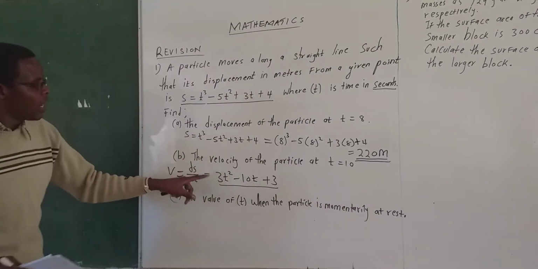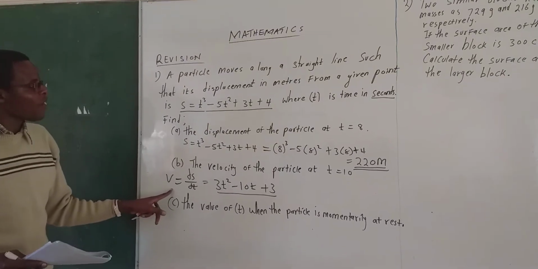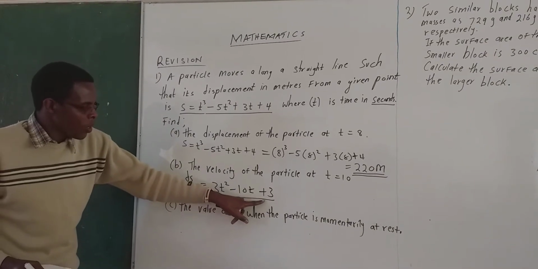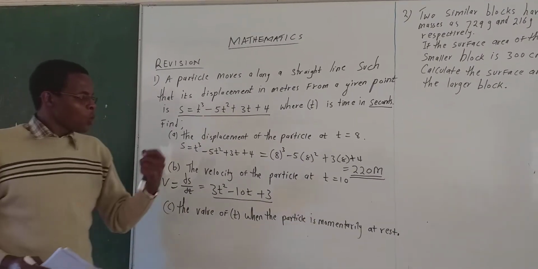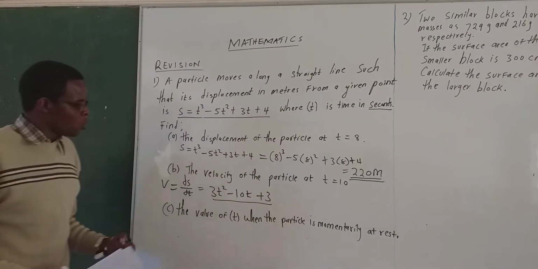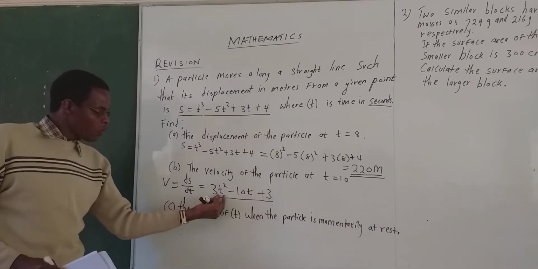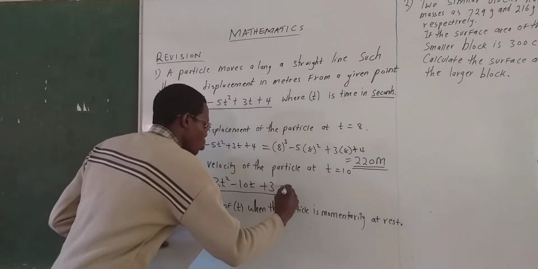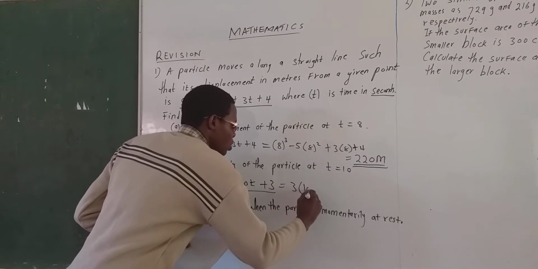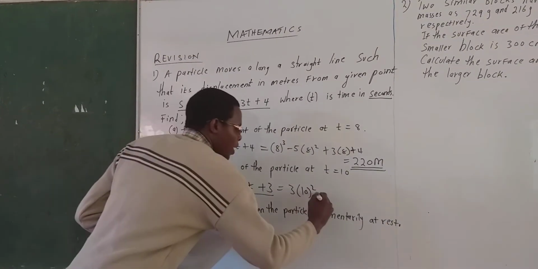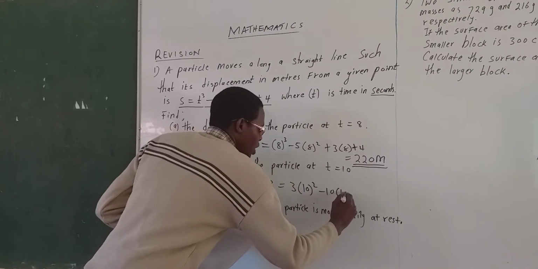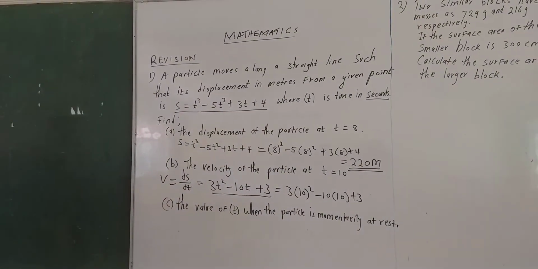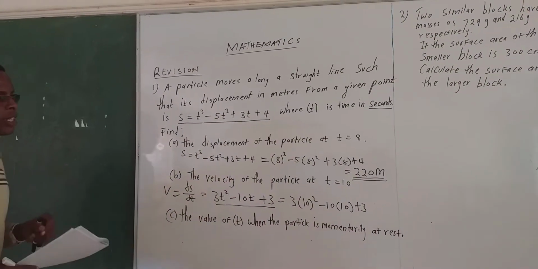So we are going to have 3 into 10 squared, minus 10 into 10, then plus 3.